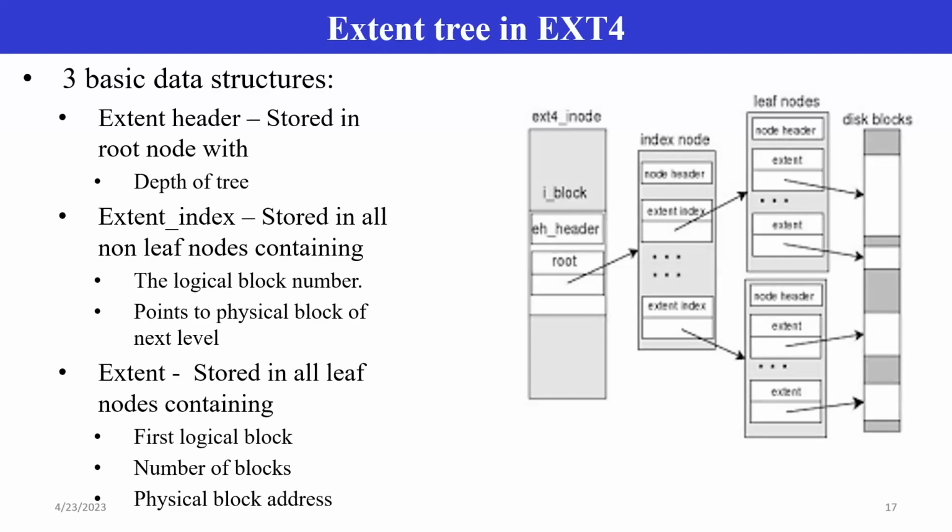By your definition of depth 2, there will be one more block of these index nodes, and one more parent block of these index nodes. That will be the depth. Is it clear, Subhajit?